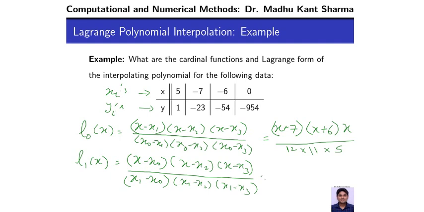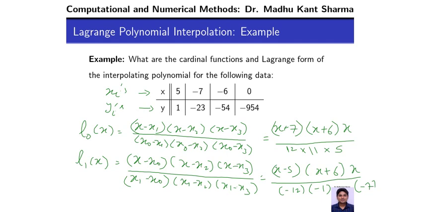So that is x minus x0, which is x minus 5, times x minus minus 6, so x plus 6, times x, divided by minus 7 minus 5, which is minus 12, times x1 minus x2, so minus 7 plus 6, which is minus 1, times minus 7.